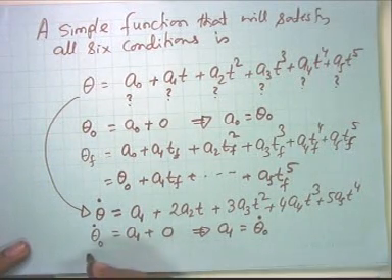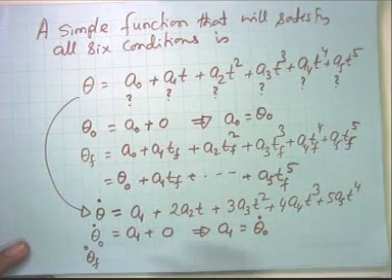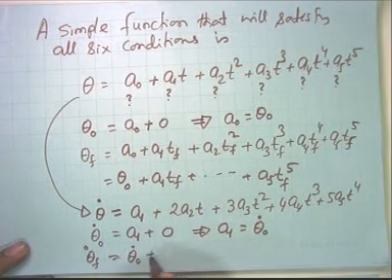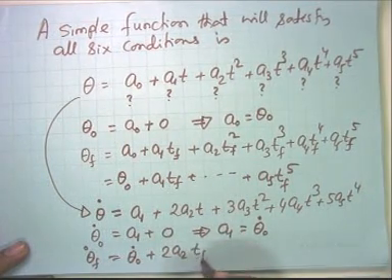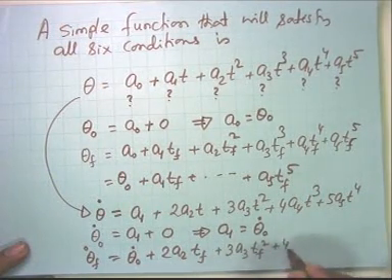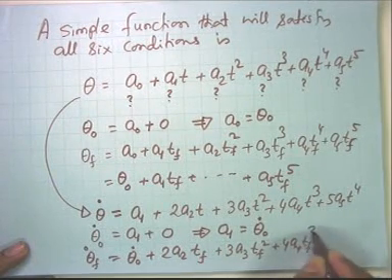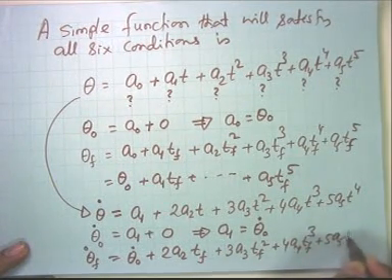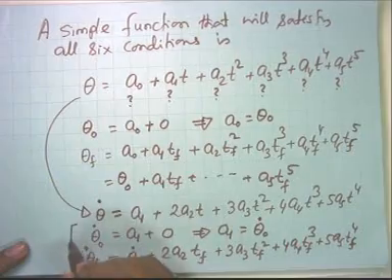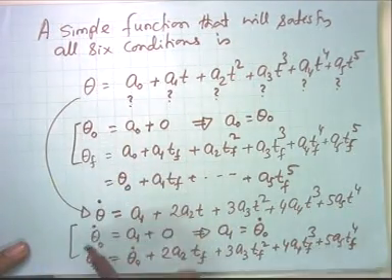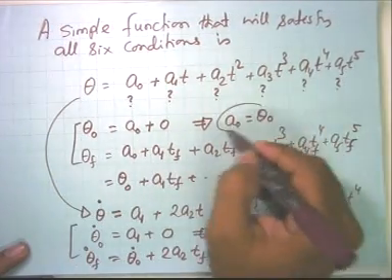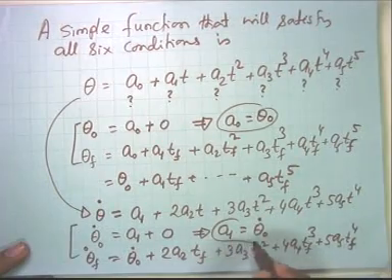Then the condition theta f dot should be equal to A1, which I have calculated as theta 0 dot, plus 2A2 Tf plus 3A3 Tf square plus 4A4 Tf cube plus 5A5 Tf4. Okay. So, I have used two conditions for positions and two for velocities. So, I could calculate two coefficients, one here and another here.